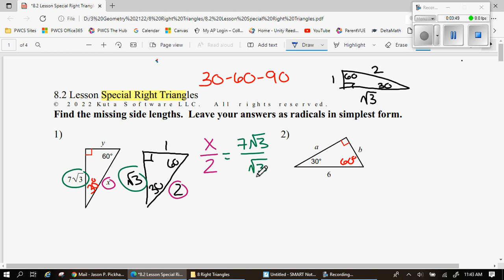I'm just going to cross multiply. So I get root 3 times x equals 2 times 7 root 3. When we're multiplying with square roots, I can multiply the stuff outside the square root. So I can do 2 times 7 and get 14.